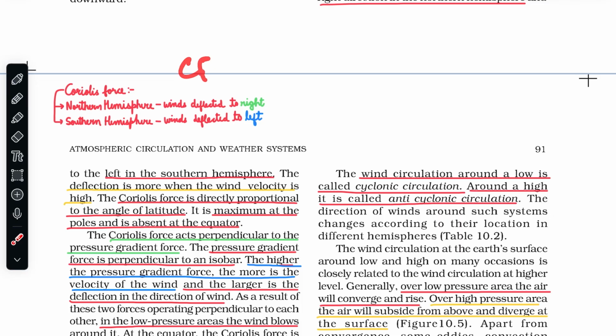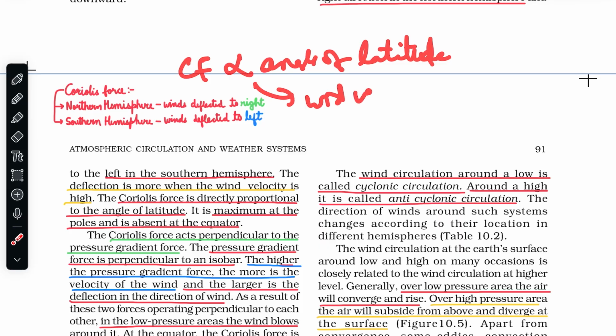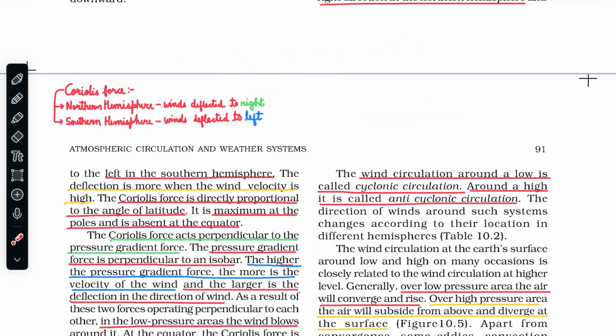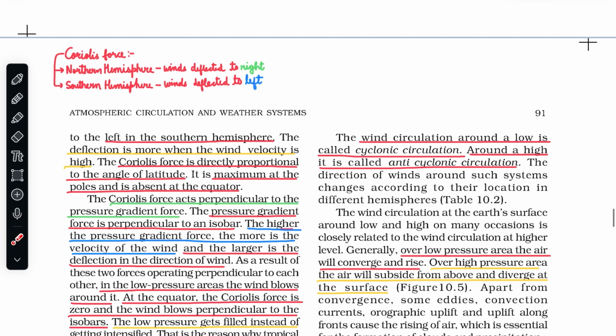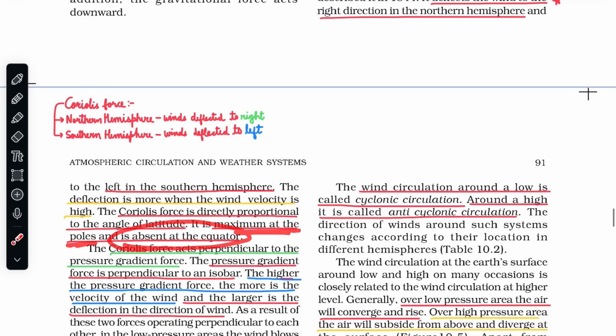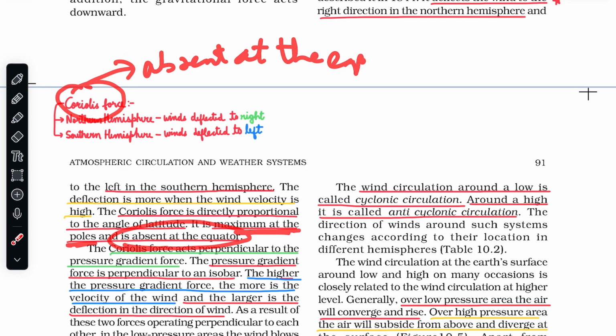So this Coriolis force is basically proportional to the angle of latitude, and also to the wind velocity. The more the wind velocity, the more is the deflection. It is maximum at the poles and is absent at the equator.